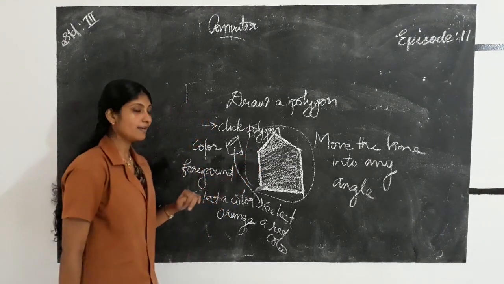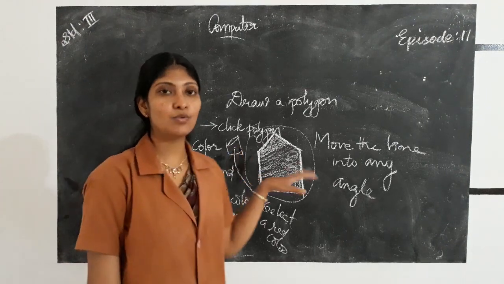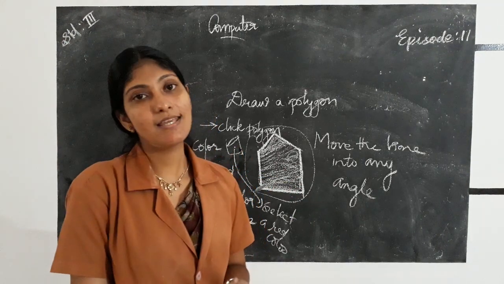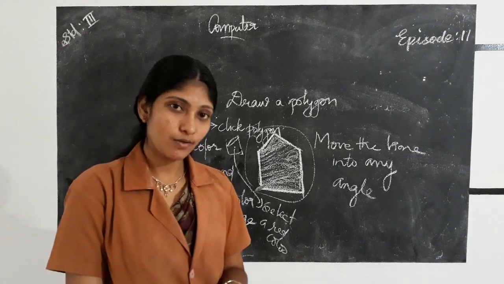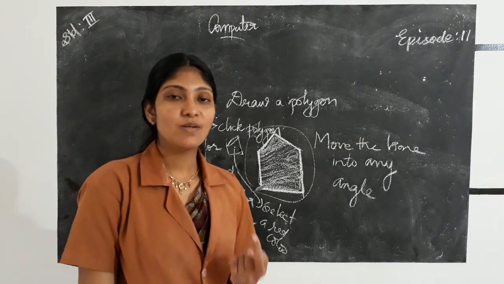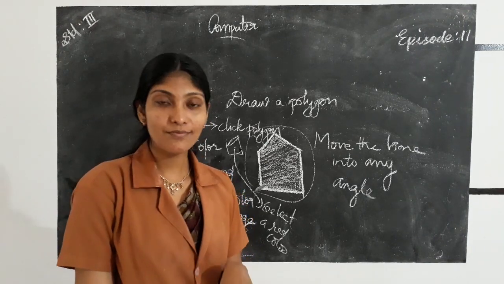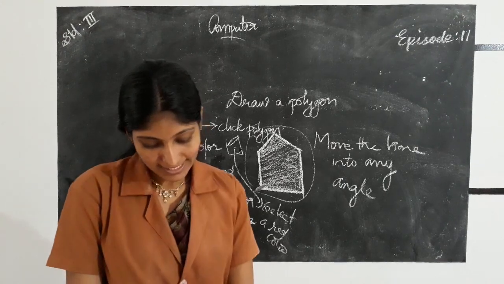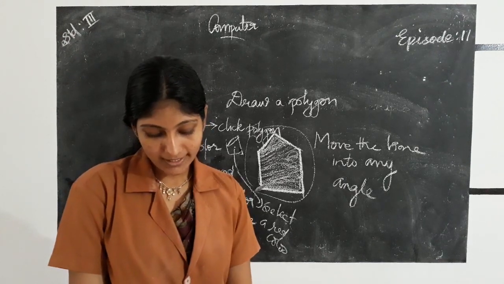So once again, what else can we do to change a shape? First we can change the outline color of that particular shape, and also we can change the fill color in that shape. Then next we discussed the polygon tool.